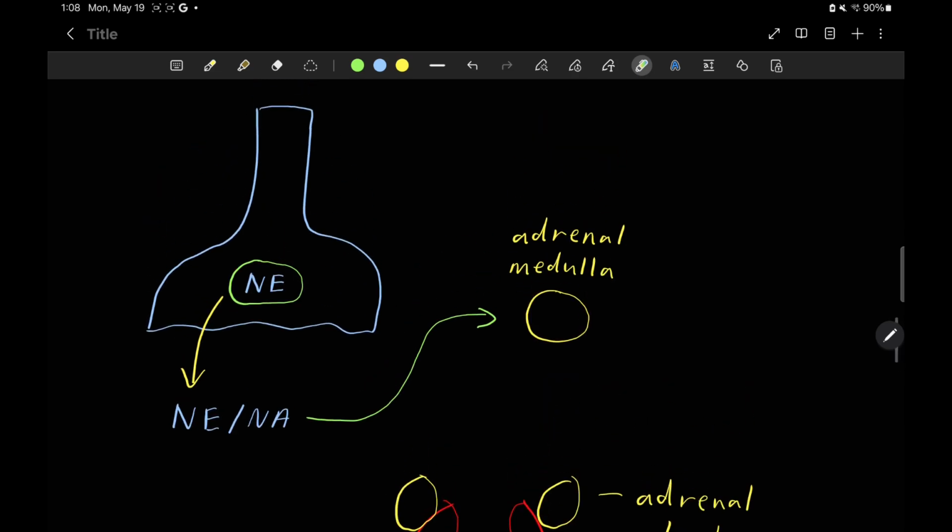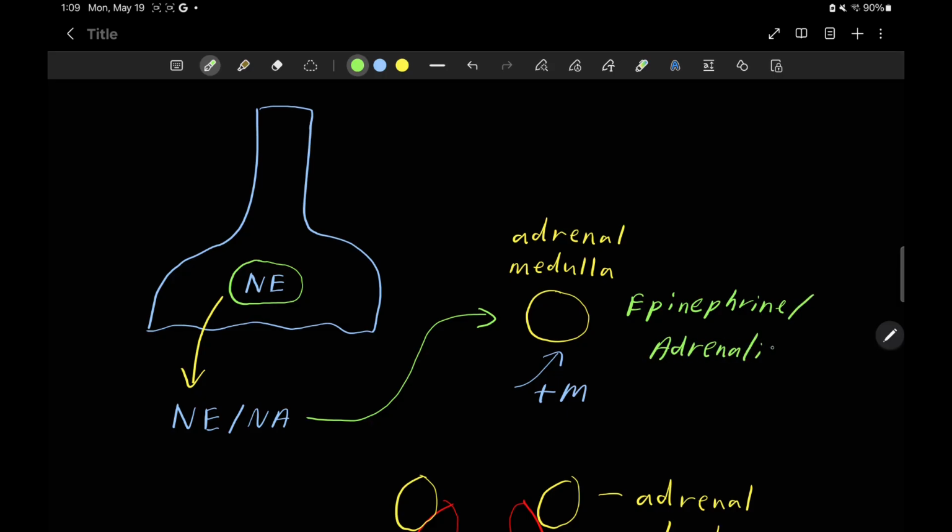So your norepinephrine and noradrenaline can go over to your adrenal medulla, and it can basically get methylated. An enzyme called methyltransferase adds a methyl group to your noradrenaline or norepinephrine, and that turns it into epinephrine or adrenaline.